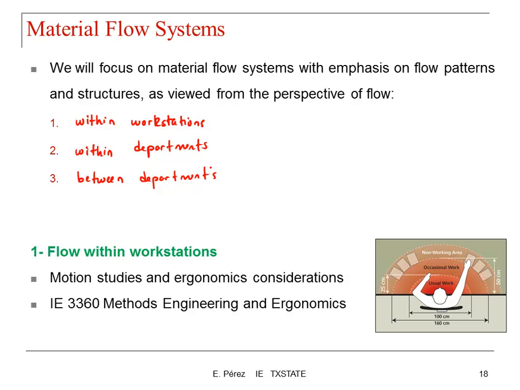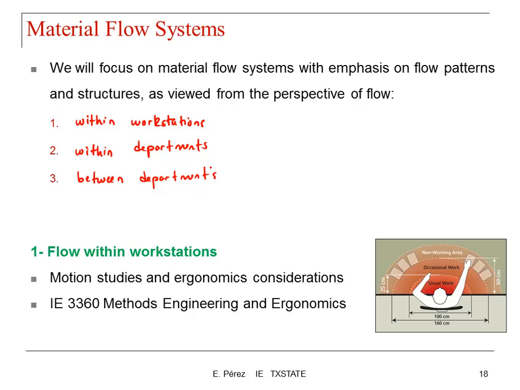Here I'm showing you a picture of some of the things that are considered while you are designing a workstation. If this person needs to reach to grab some of the components, those need to be available to the employee within a certain distance in order to satisfy the ergonomic considerations. So that's what's showing up here.